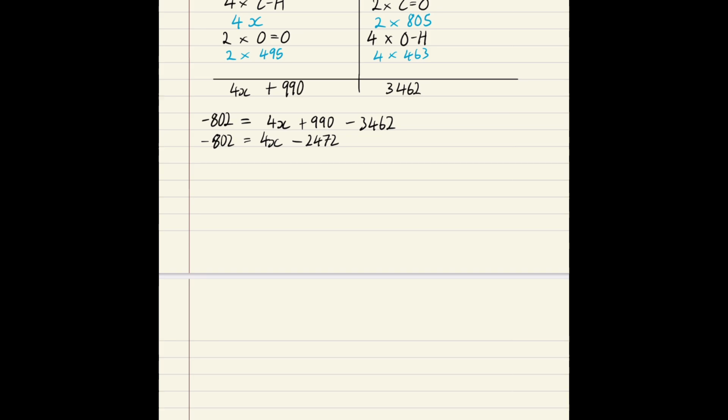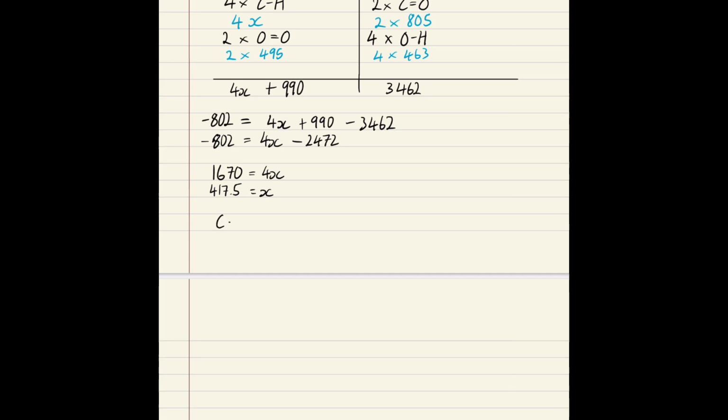So negative 802 plus 2472 is positive 1670 equals 4x. Divide both sides by 4, and I get x equals 417.5. Now, you cannot just leave it here if you have decided to substitute it in as x, especially because I don't have a unit currently.